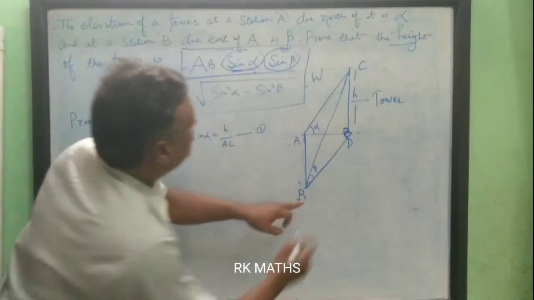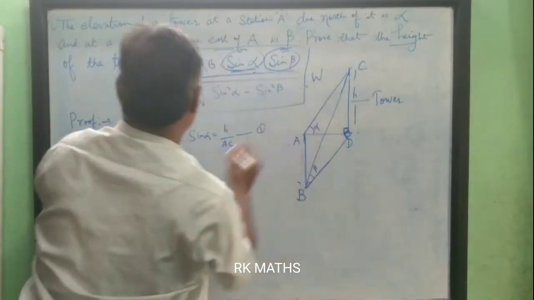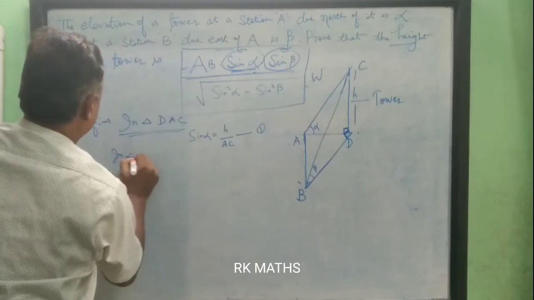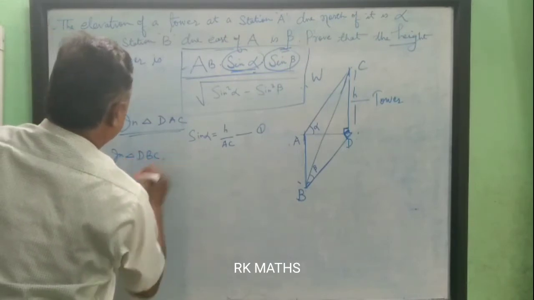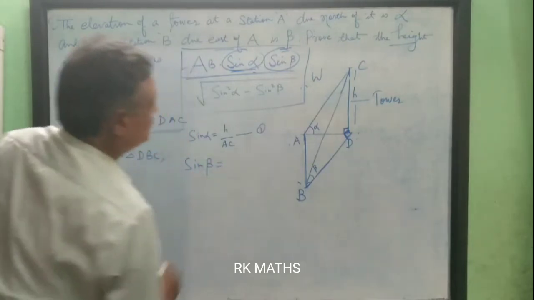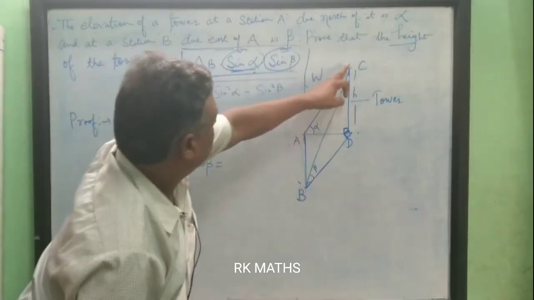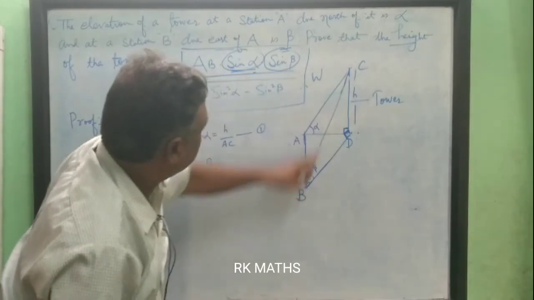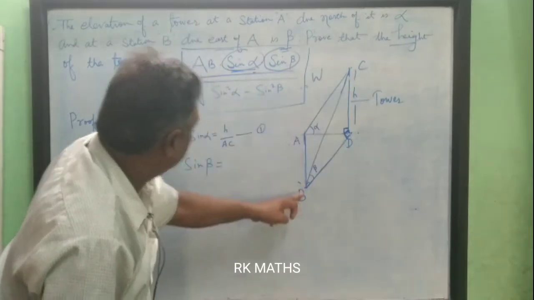Again in triangle DBC, sin beta is equal to perpendicular by hypotenuse, so h by BC.